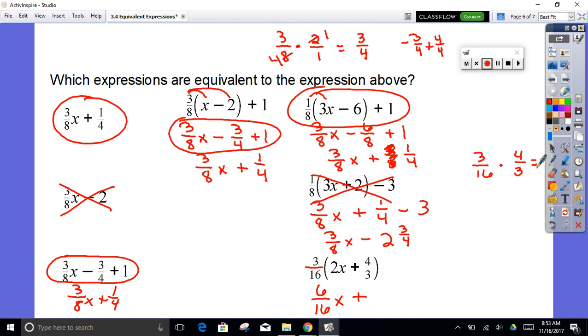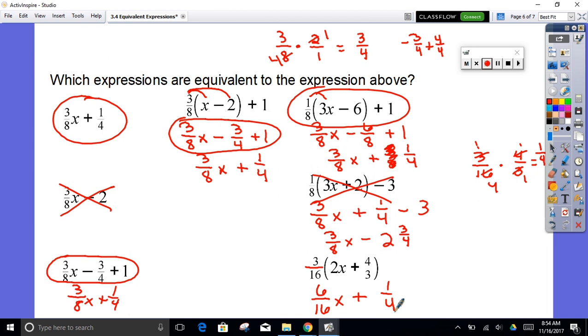No. By cross simplifying, I mean we're looking at the diagonals for common factors that we can take out. Like, for example, here we have 3 and 3, so we could change those to 1s because 3 goes into both of them. What could we do on this diagonal? 4 and 16, 4 and 1. Okay, so this would become 1 and 4, so then 1 times 1 is 1, 4 times 1 is 4. Okay, so we have plus 1/4. Now, Devin, is this the same as our original?